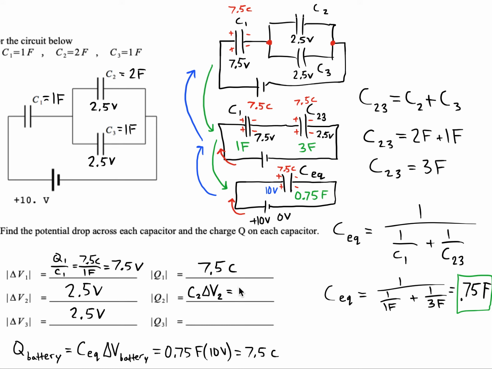So that'll be 2 farads and 2.5 volts, which is 5 coulombs. And here we'll use C3 delta V3.